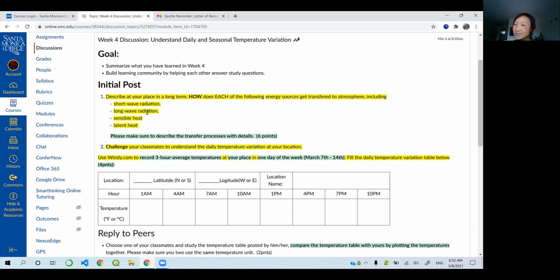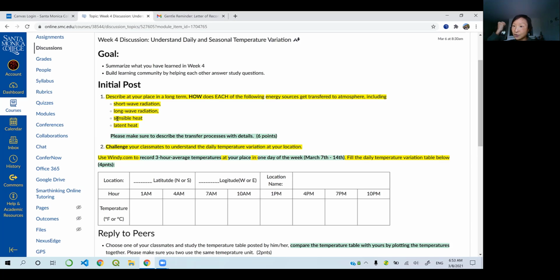Okay, in addition to long wave radiation energy, our Earth's ground can also provide the other 2 types of energy. Number 1 is sensible heat. So what is sensible heat? That is the heat you can feel, right? Sensible. In other words, that is the thermal energy, how fast our molecules move.